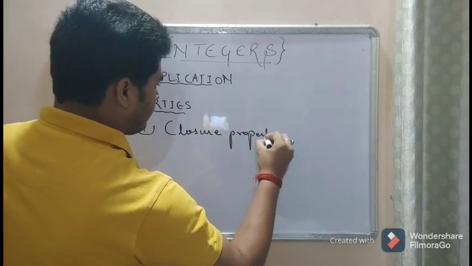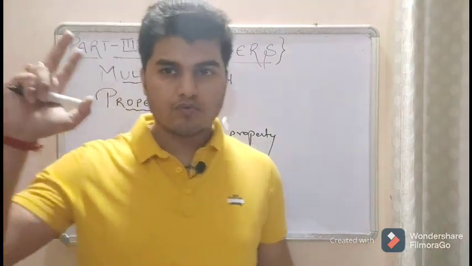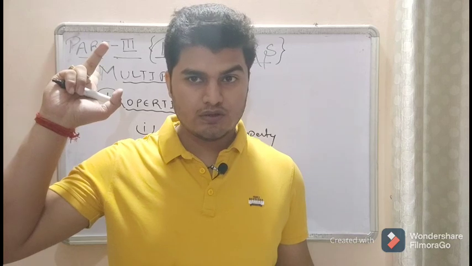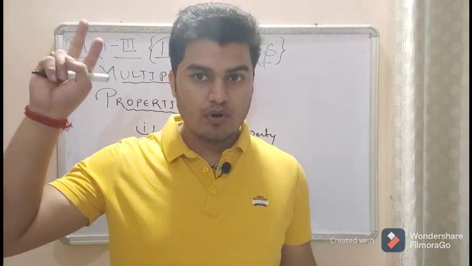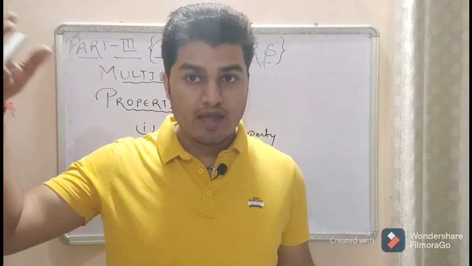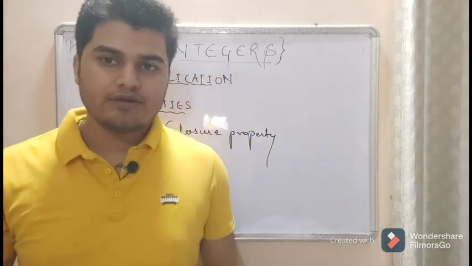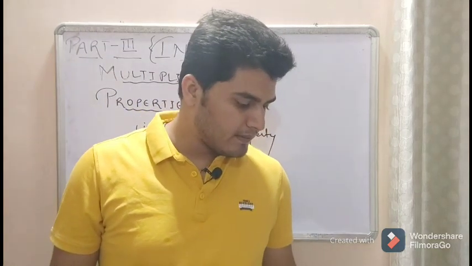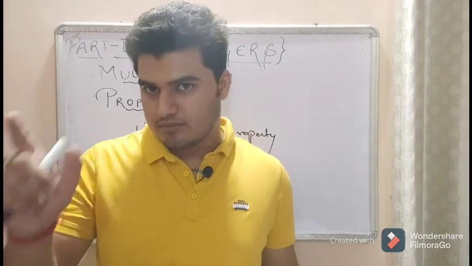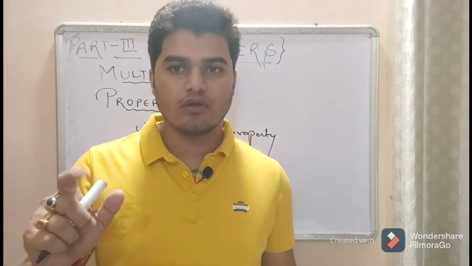Closure property. Try to remember what was the closure property in addition. If a and b are 2 integers and we are adding them, then the result is also going to be an integer. Correct, right? And the same goes for subtraction also. So in multiplication, integers also follow the closure property under multiplication.